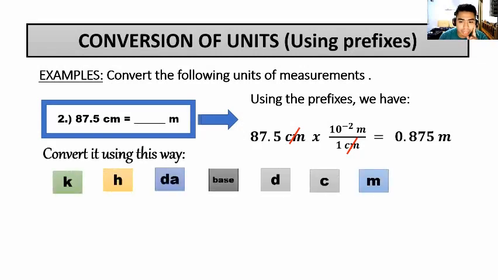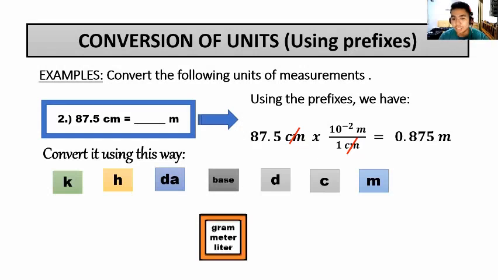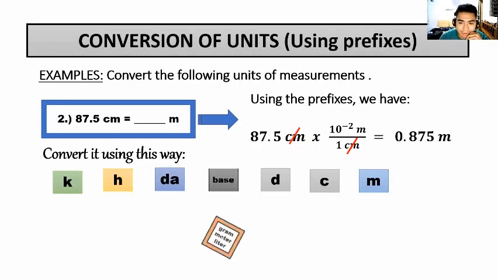So pwede rin naman ganito, no? So from cm, yung base natin is meter. So ang pinag-usapan natin dito is yung length o distance. So length, centimeter to meter. So ilang unit? Mula kanan papunta sa kaliwa ng dalawang beses. 1 and 2.